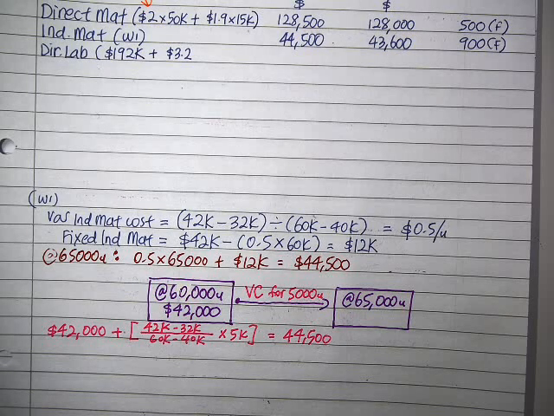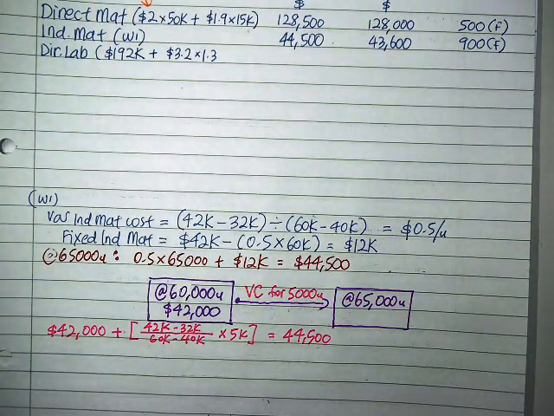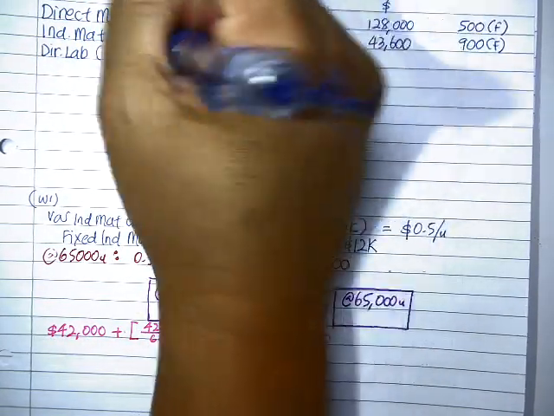But you will give them a bonus, right? So it's not 3.2, it's higher by 30%. So I multiply with 1.3 to add in the bonus, and I multiply with 5,000 units.